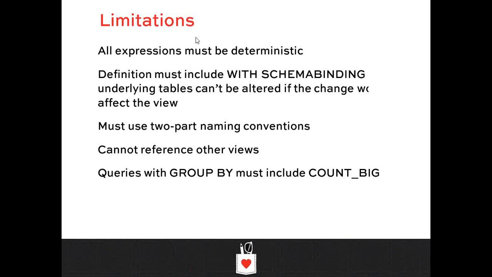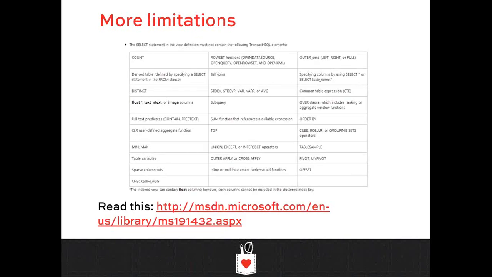As a matter of fact, if you go out to the Books Online article for indexed views, you'll see this lovely graph that I'm showing next in my slide deck. You'll see that there are certain things that the select statement can't contain. For example, count. You can't have subqueries. You can't have top. You can't have min or max.